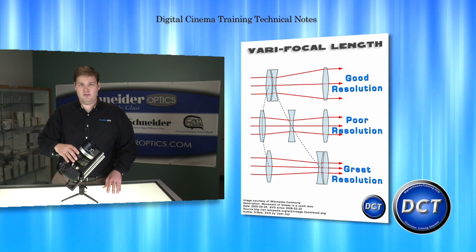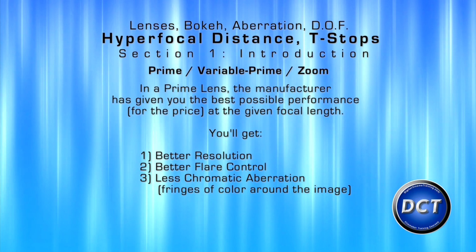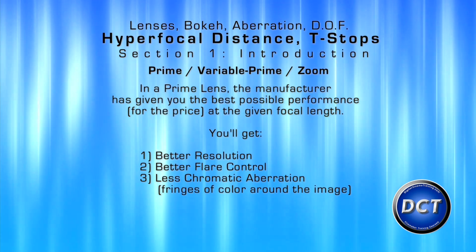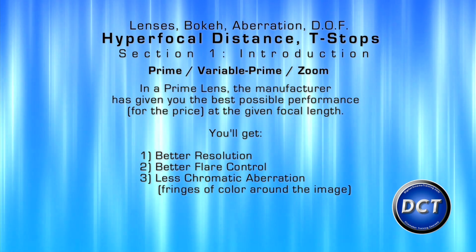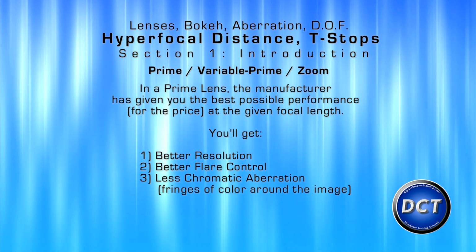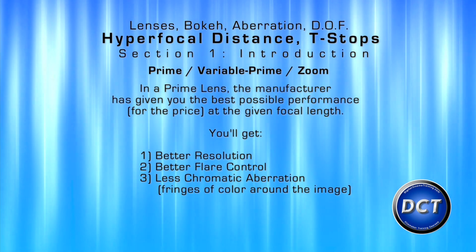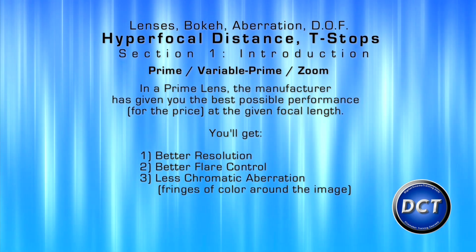By using prime lenses, the manufacturer has guaranteed or ensured that they're giving you the best possible performance they can deliver for the price at that focal length. So you're going to get better resolution, you're going to get better flare control, chromatic aberration.